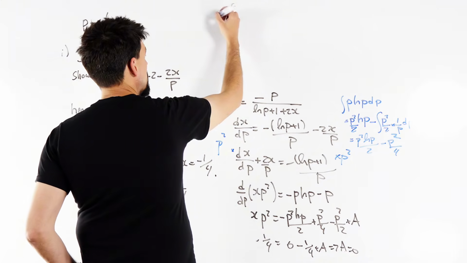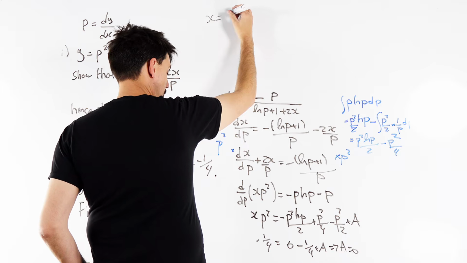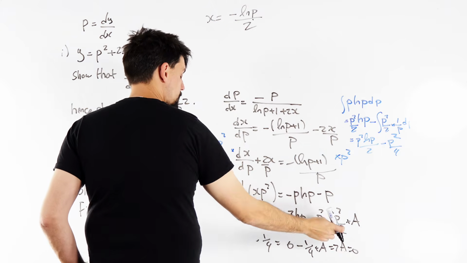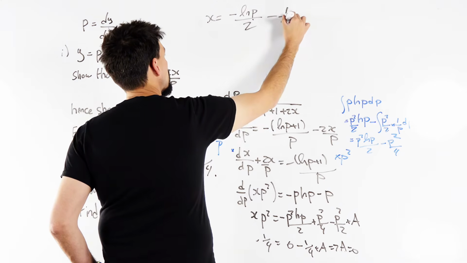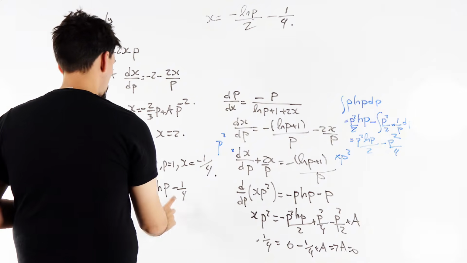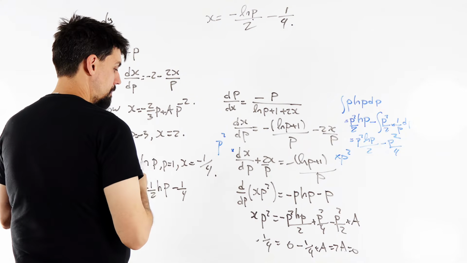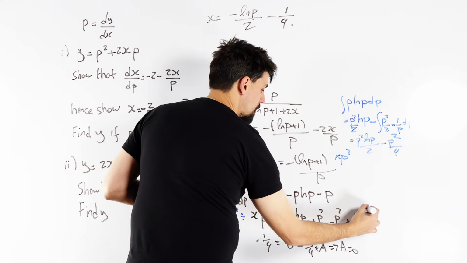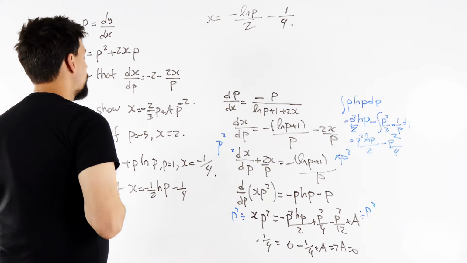Divide all of that by p squared, I get x is minus ln p over 2 minus a quarter, which is what I want.